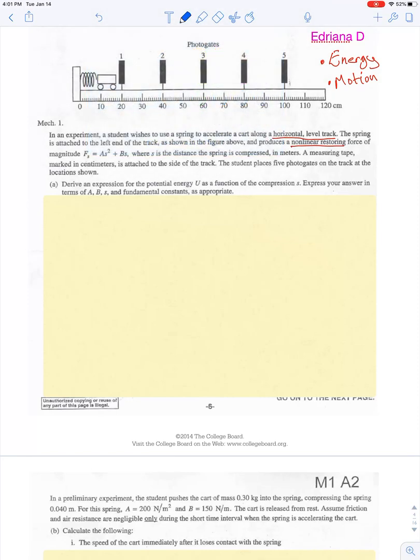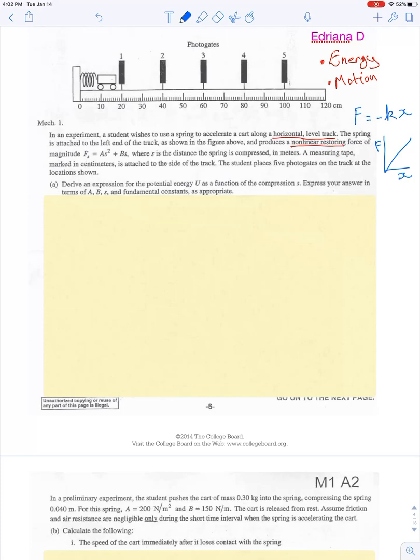Nah. For a regular spring, the spring force is F equals minus kx. So if you plot F versus x, you end up with a straight line, because the force and the displacement of the spring are directly proportional to each other.